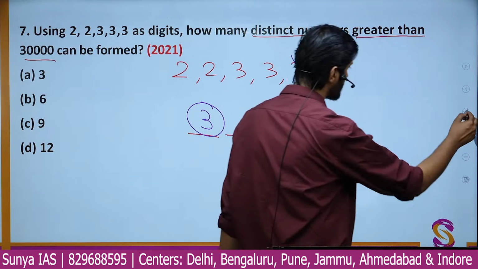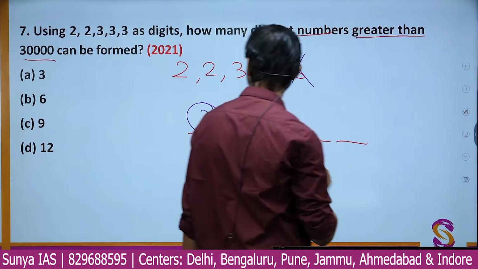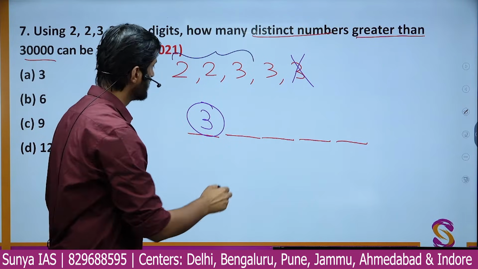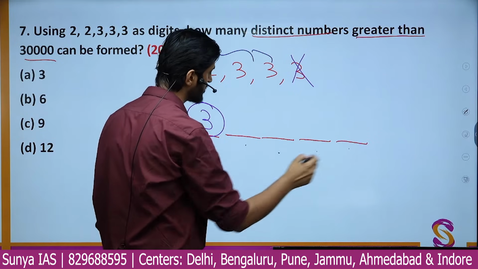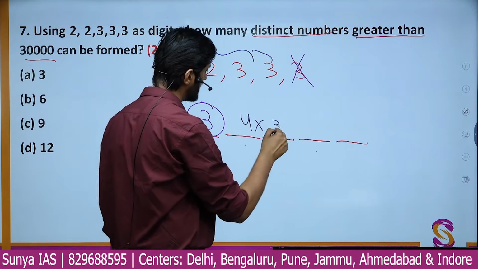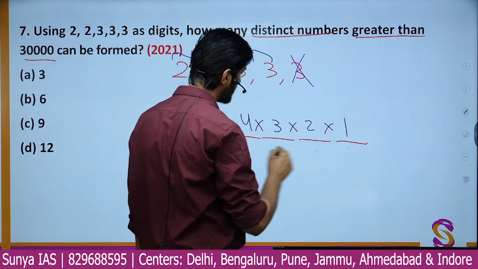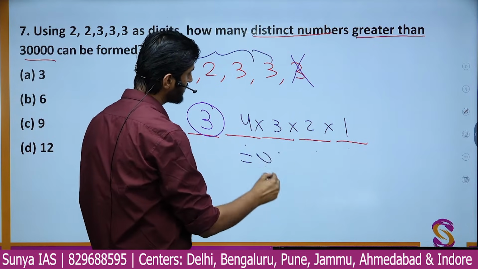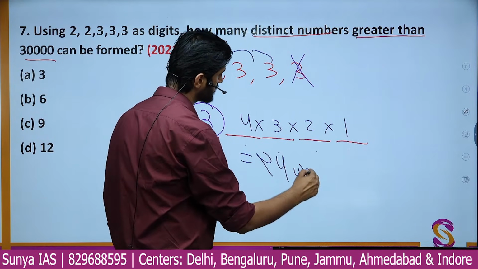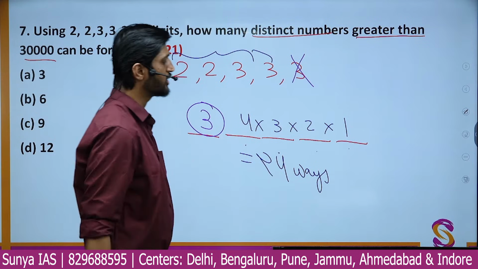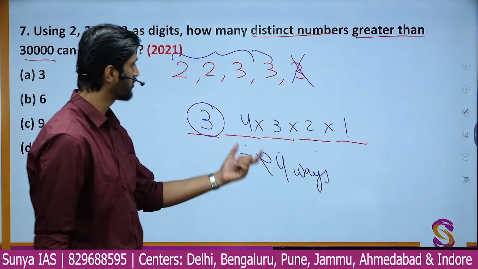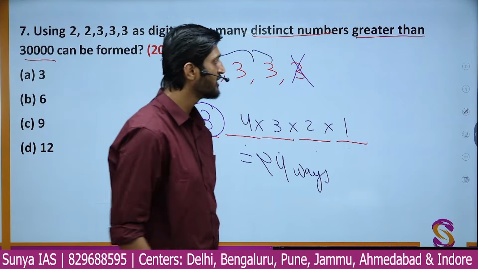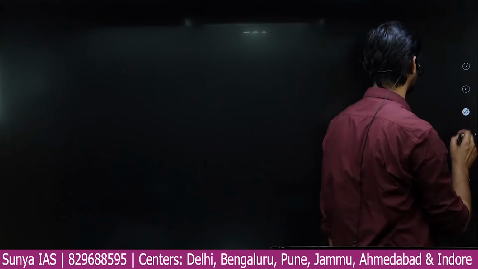Here we have overall 4 choices for this place, then 3 choices for this place, 2 and 1. So we have 4 into 3 into 2 into 1, overall 24 ways to write this number. This is the simple approach we go with. So overall we are having 24 such numbers, but the story is not that simple.